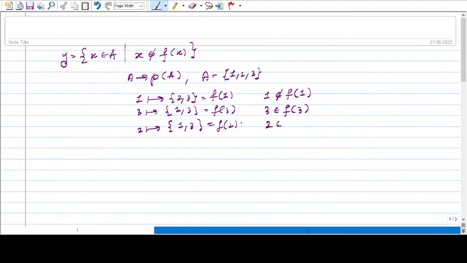No. So 2 does not belong to f of 2. So from this I can construct my Y. My Y is all elements which do not belong to their function value. So that means 1 and 2. 3 is not there, right? So this way we can consider this a well defined set.